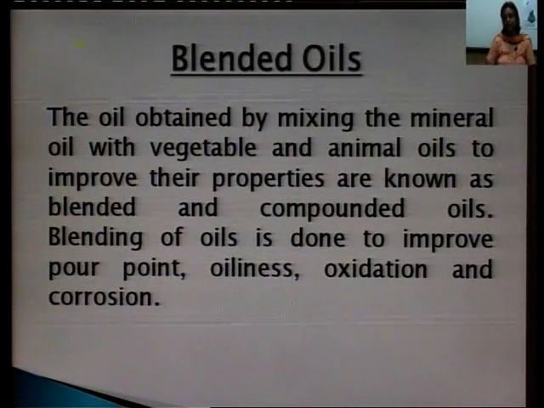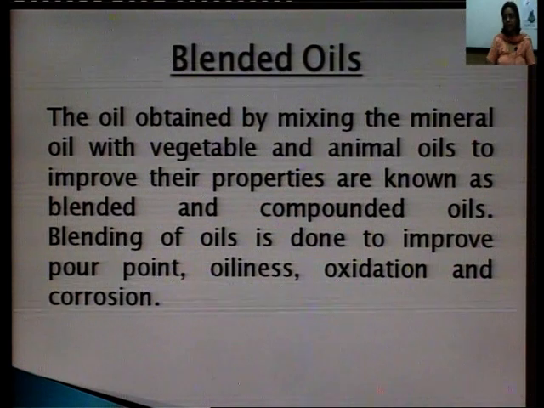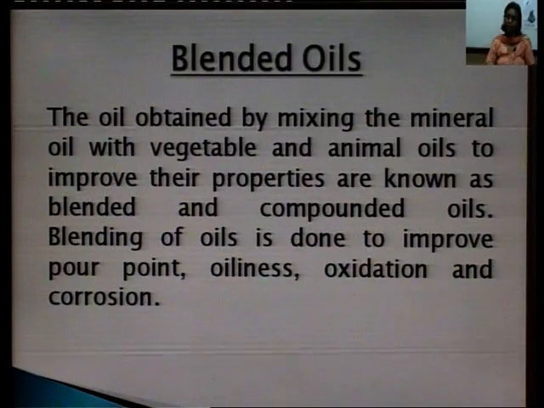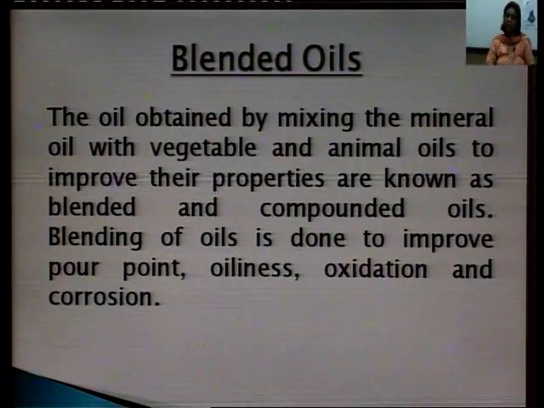That is why we have to mix these oils with the mineral oils. Now, these mixed oils are called blended or the compounded oils. The blending of oils is done to improve the pour point, oiliness, oxidation and corrosion resistance of the oils. Means if we want to improve these properties, pour point, oiliness, oxidation and corrosion, then we will have to blend the oils.